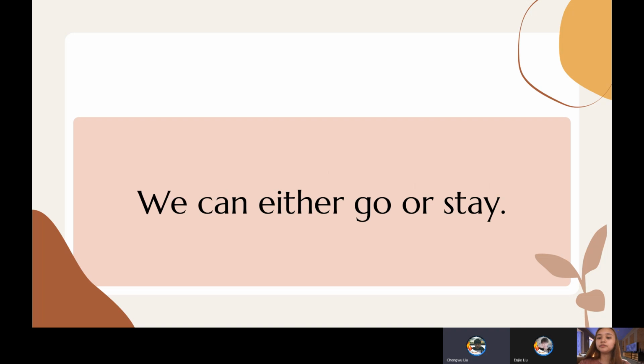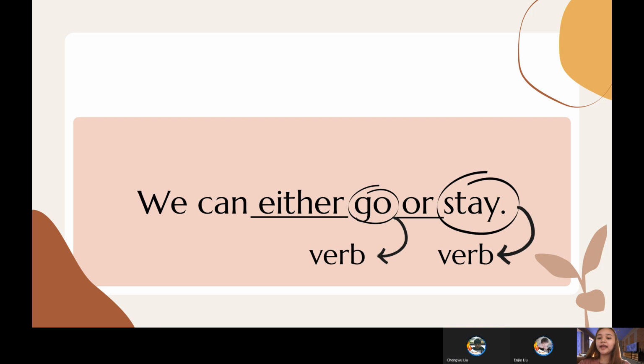We can either go or stay. Okay, so what are the words after either and or? Go and stay, ma'am. Do the words have the same function? Yes, ma'am. They are both verbs. Okay, they are both verbs because if we are going to use either as a conjunction and we use a noun after either, then we should also use a noun after or.